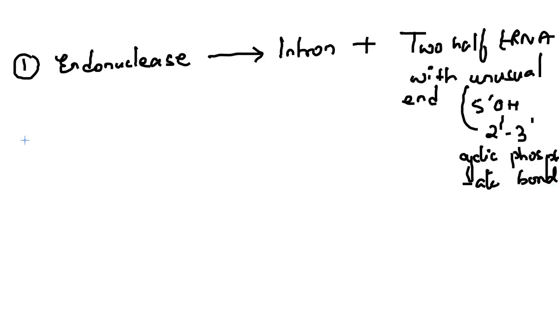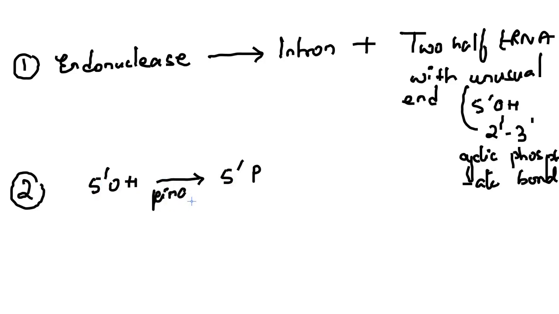In the second step, this 5' OH is converted to a 5' phosphate group by the enzyme polynucleotide kinase, and the cyclic group is opened up. What is formed?